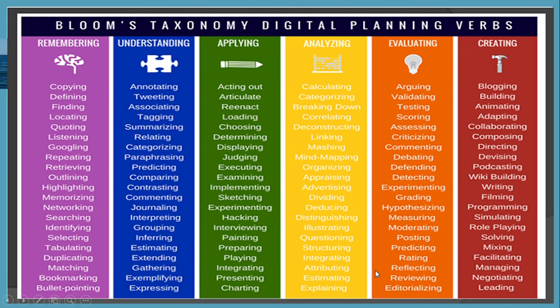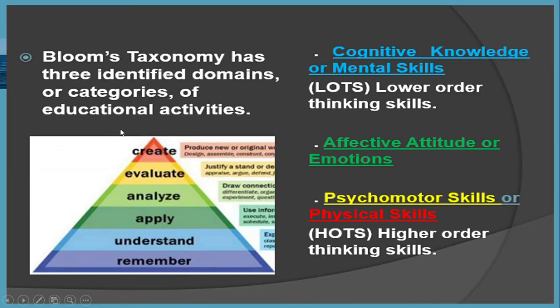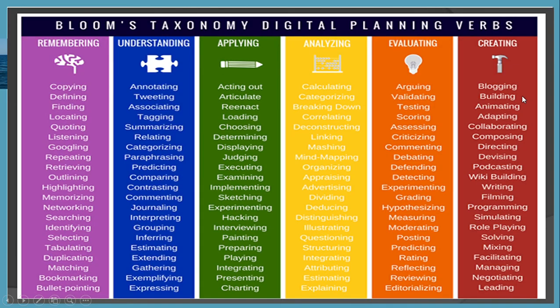On create, this is the last level of Bloom's taxonomy. So you can have this term, blog. They can create their own article. Blog, build, animate, adapt, collaborate, compose. They can now compose a new song.